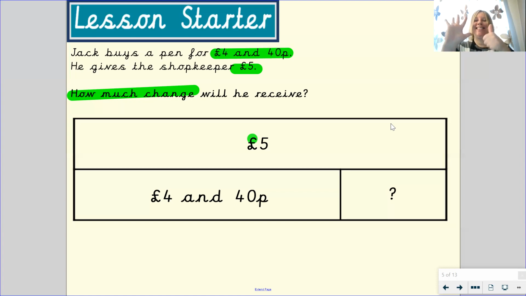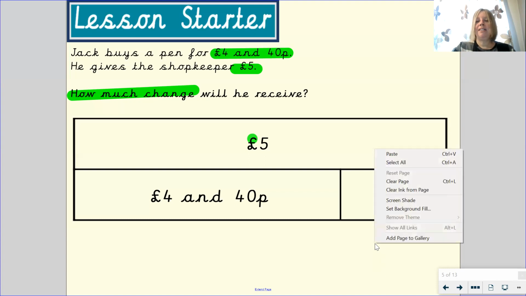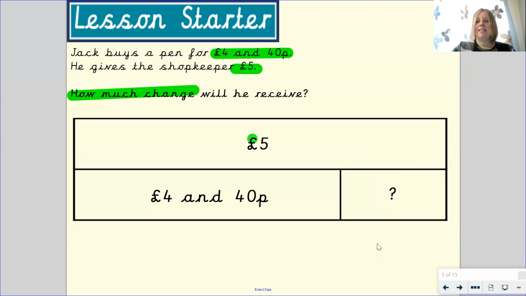That's 6 tens. So that's 60p. And if I add 40p and 60p, I can exchange this for £1, which would give the £5. So Jack would get 60p change.